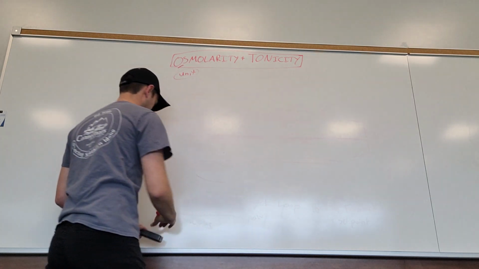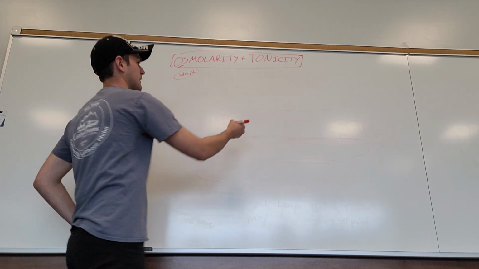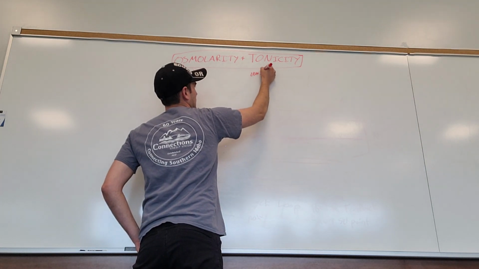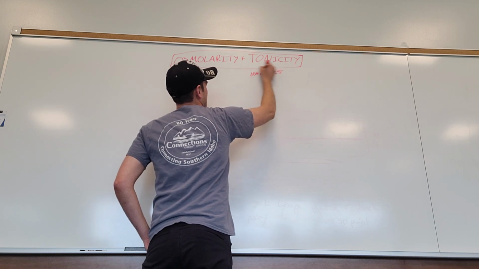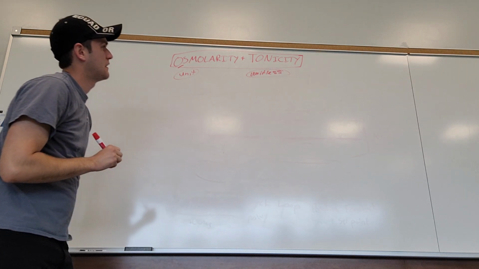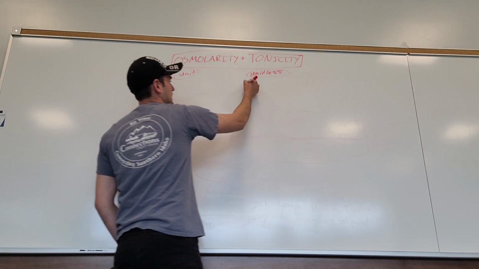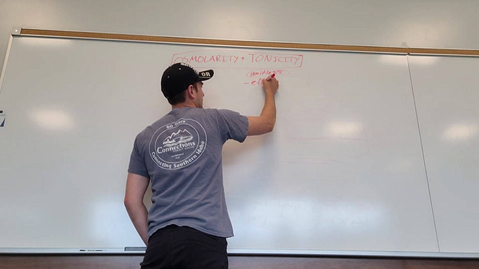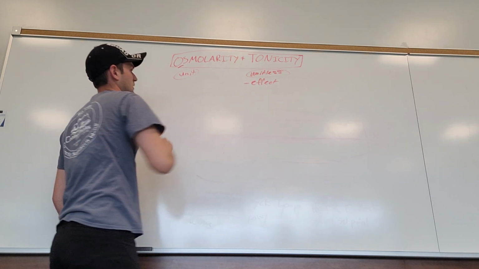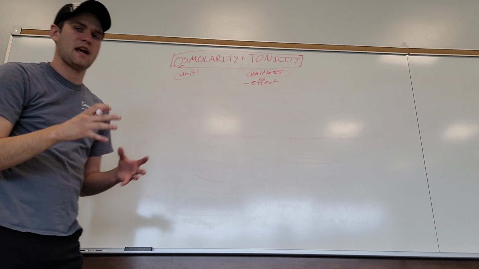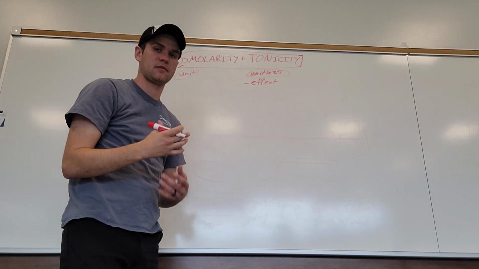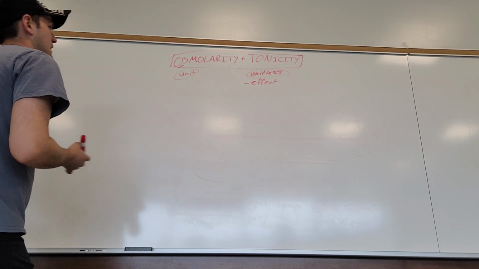Tonicity, though, is going to be unitless. Tonicity is essentially the effect of our osmolarity. So that's going to be how our cell changes in volume. That's going to be the tonicity.